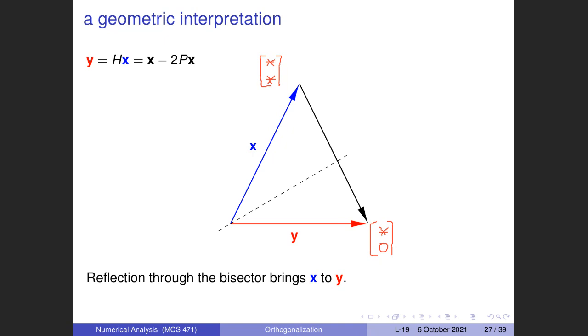So by one matrix multiplication, with an orthogonal matrix, we are introducing many zeros in the matrix. We call it the reflector because we draw here in dashed lines the bisector, and the black line maps the point of the vector to the endpoint of y.